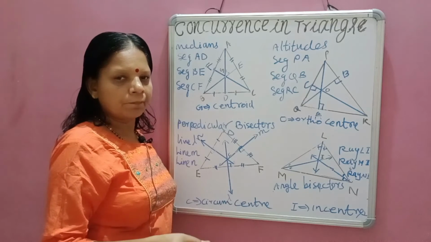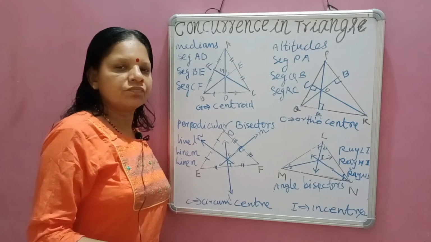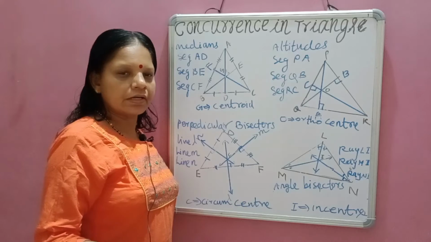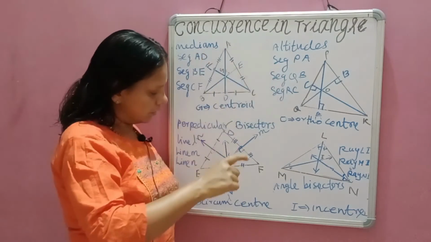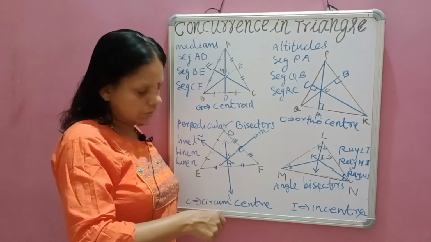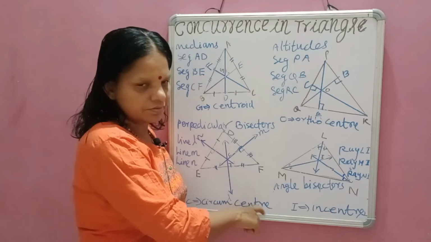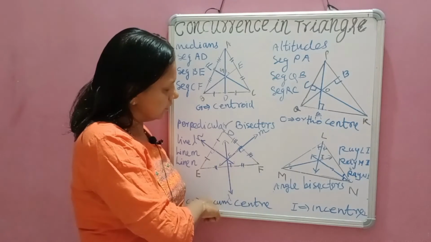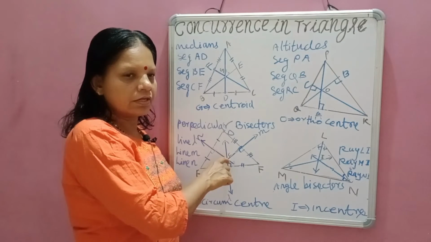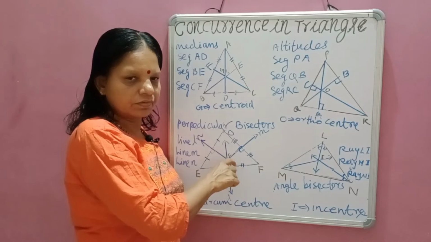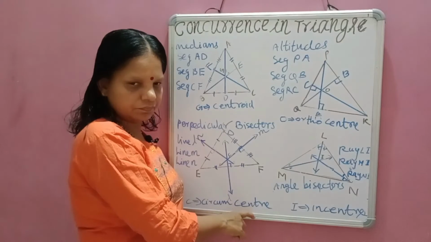All the three perpendicular bisectors of the sides of a triangle are concurrent, and the point of concurrence is called circumcenter, and is represented by the letter C. Clear?